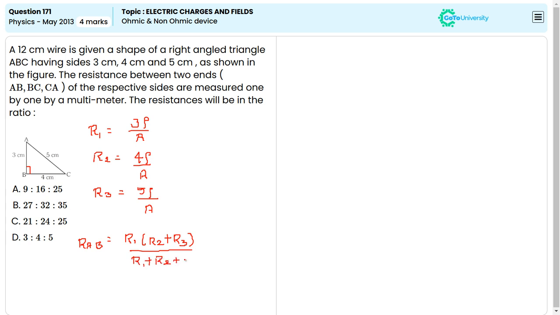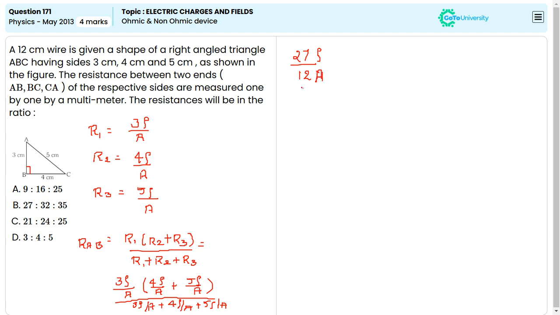Then we get the value 3 rho divided by A into 4 rho by A plus 5 rho by A, whole divided by 3 rho by A plus 4 rho by A plus 5 rho by A. If we simplify, we get the answer 27 rho divided by 12A.